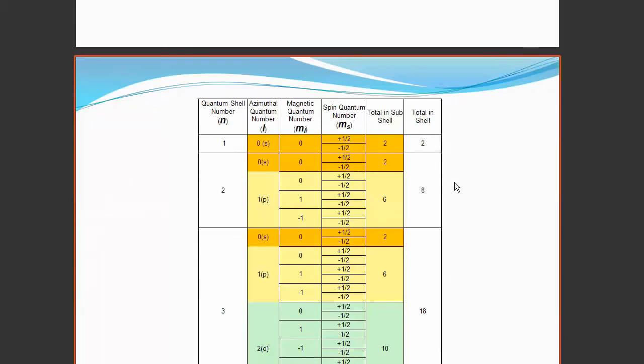Let's apply the same thinking to the second shell. In the second shell, the azimuthal quantum number can vary between 0 to 1. For the S subshell, once again, the magnetic quantum number cannot vary. It can only be 0. And accounting for the 2 different spin levels, the 2s subshell can accommodate 2 electrons.